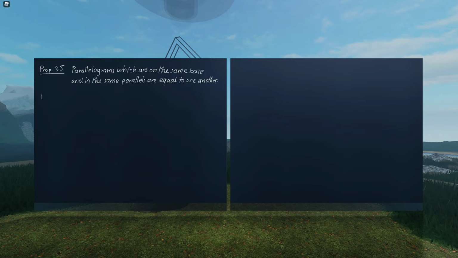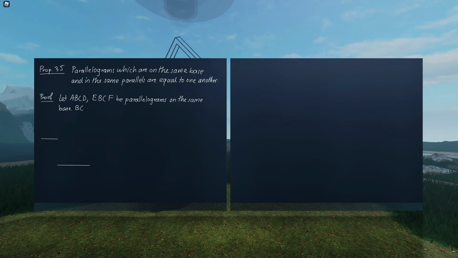So let ABCD and EBCF be parallelograms on the same base BC. This picture actually leads you to ignore a special case.